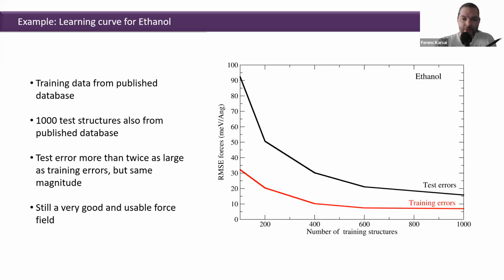So we can never reach the same value as the training errors. We have a factor of 2.5 or 3 more. But as mentioned before, this value is at least of the same order of magnitude as the training errors. So this is still a very good force field with a very low error here of 50 meV per angstrom.